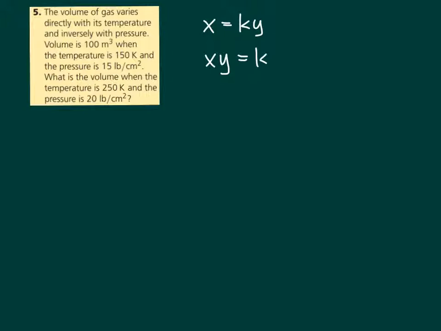We know the volume varies directly with its temperature and inversely with its pressure. So it should be K times T and then all over P. So this is combined variation.